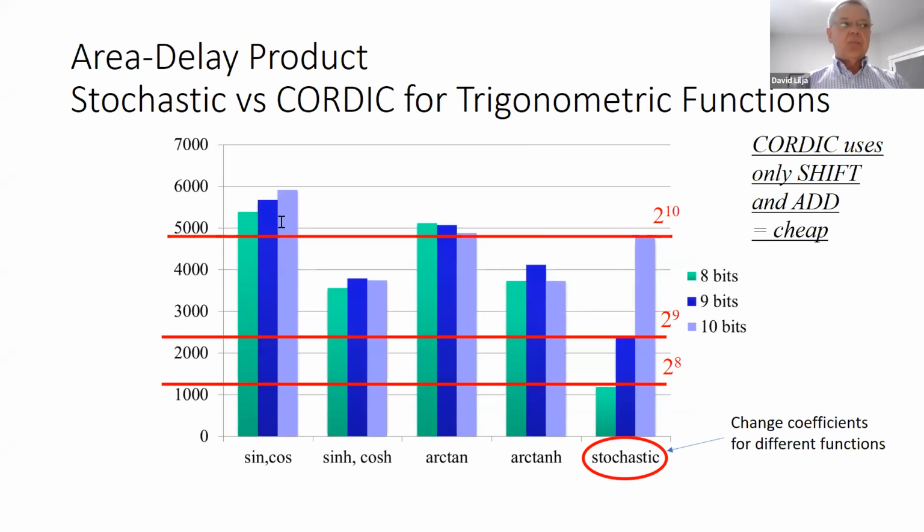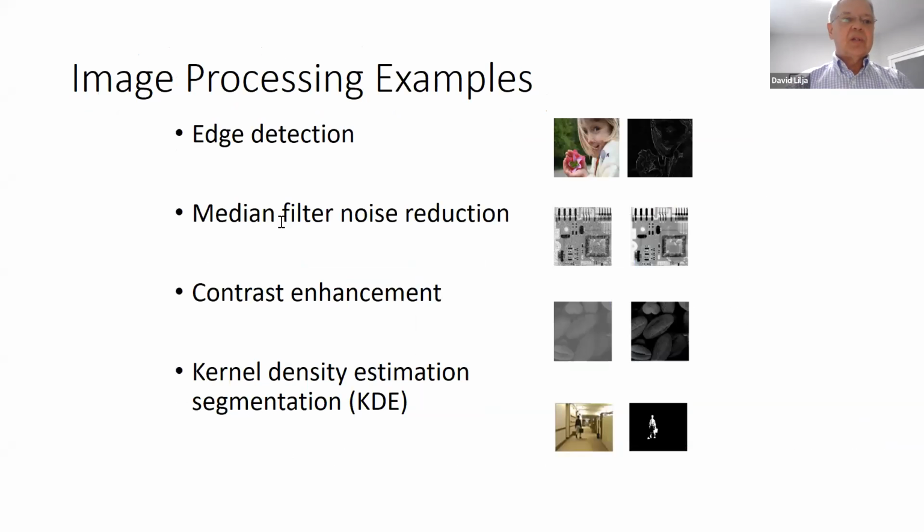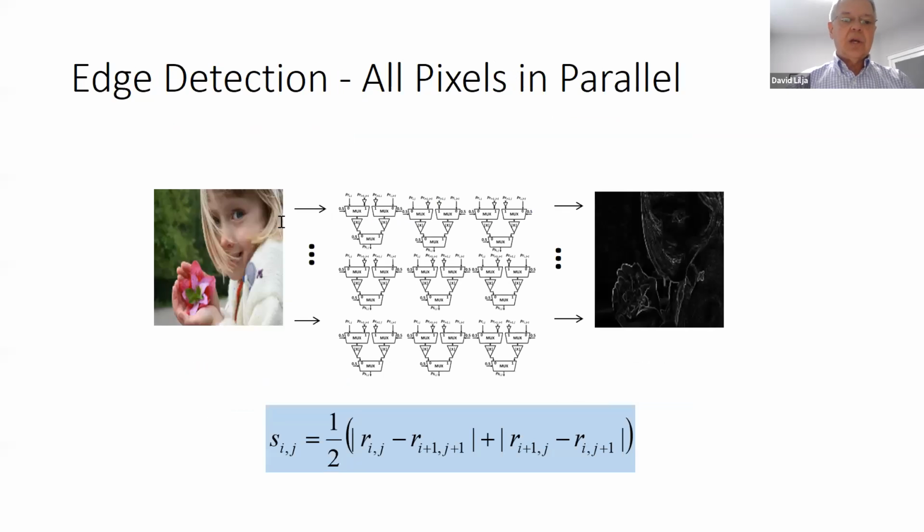Let's look at some image processing examples to just see, how general is this idea? Well, I can do some edge detection, median filter noise reduction, contrast enhancement, and kernel density estimation. And that's where I'm doing that image differencing. So if I look at these, I take one of those little blocks, and that's implementing this arithmetic operation at the bottom.